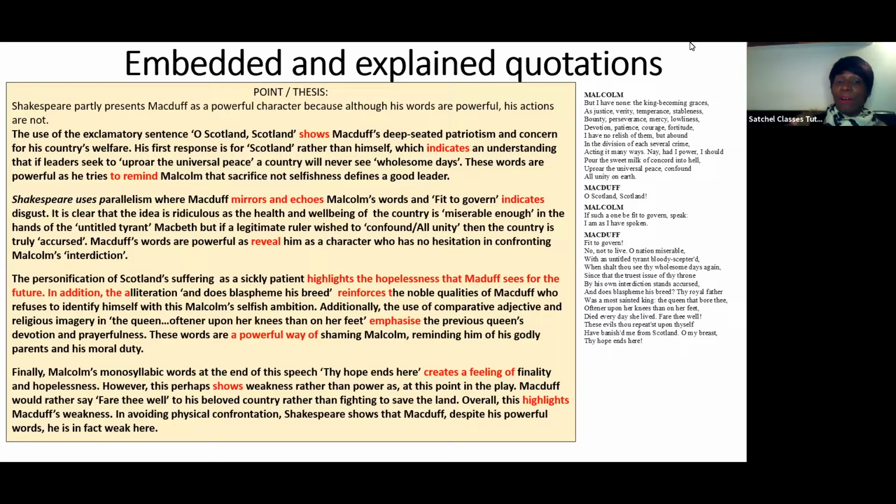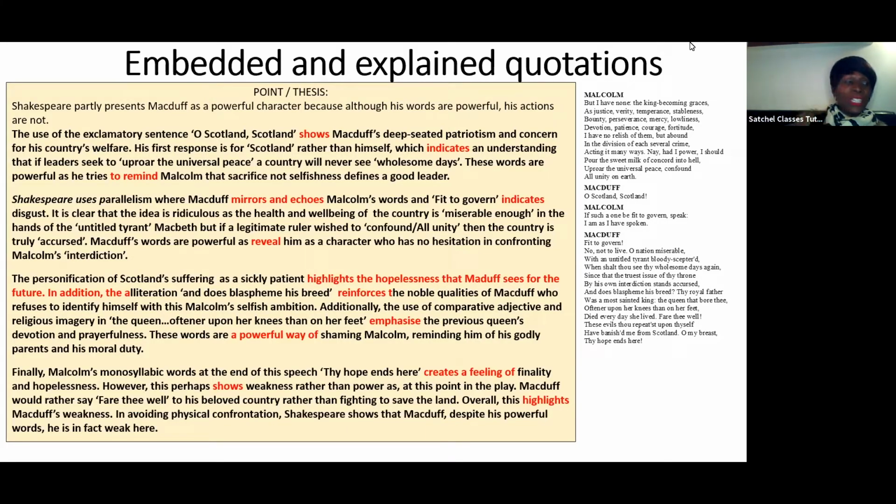Macduff's words are powerful as they reveal him as a character who has no hesitation in confronting Malcolm's interdiction, his declaration. So can you see how I've used those words, untitled tyrant? I've used the fact that he wants to confound all unity, the fact that the country's truly accursed.